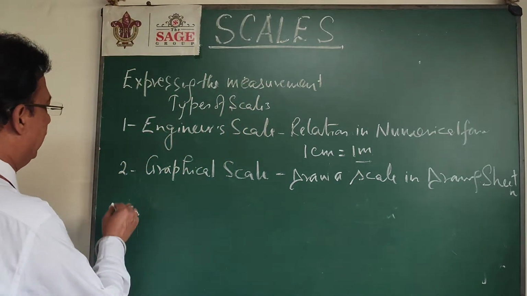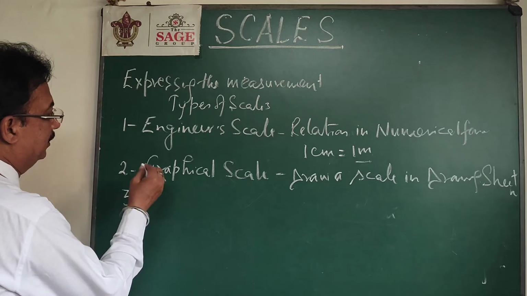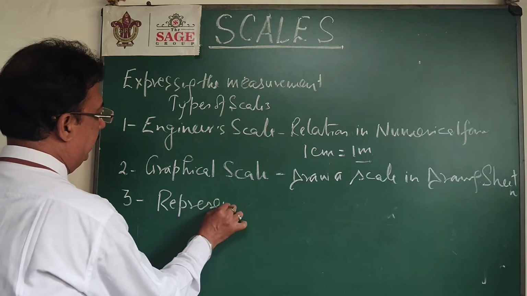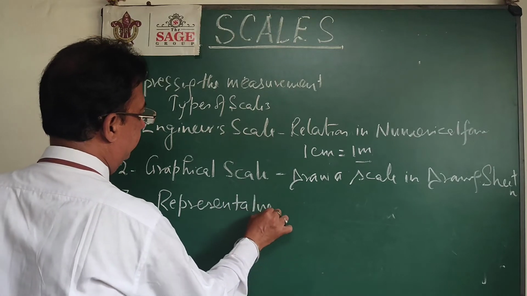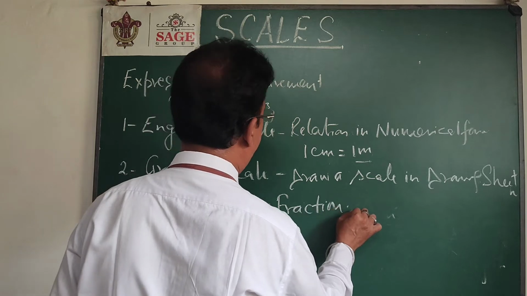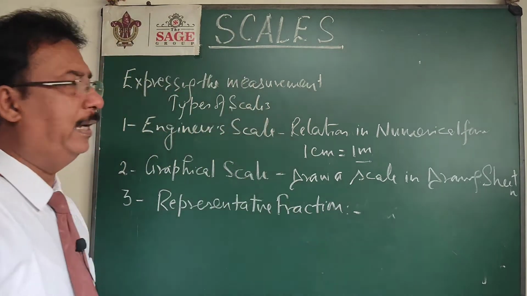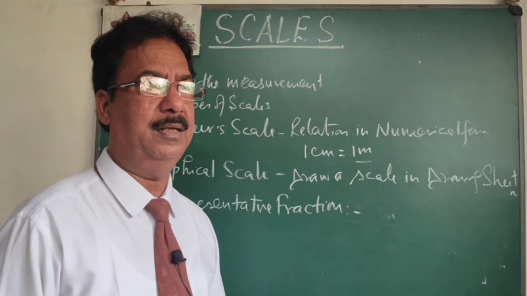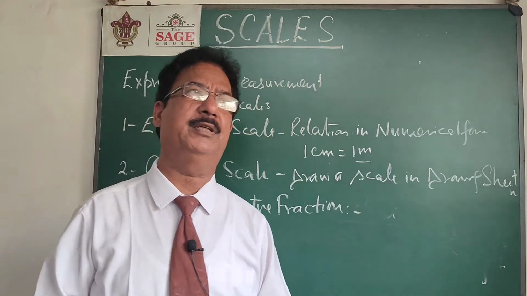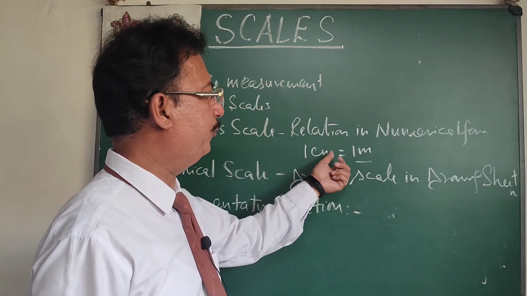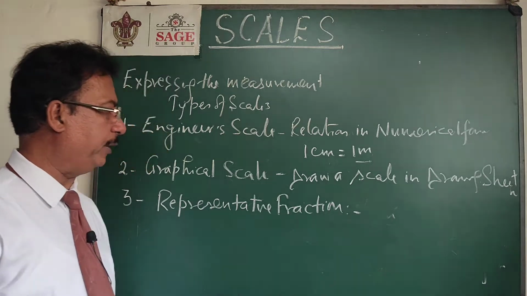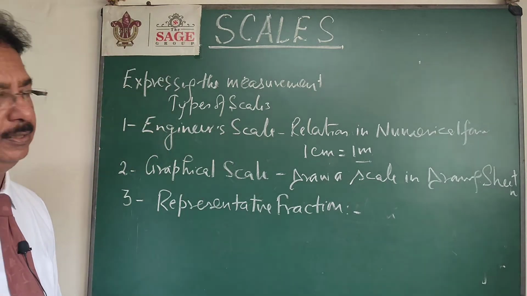And the third way to express the scale is with the help of the representative fraction. So these are the three ways to express our scale. This is not a special type of scale, but a way to express our scale. One is the common way which we earlier used, second is graphical, and third, which I am now going to use, is known as the representative fraction.